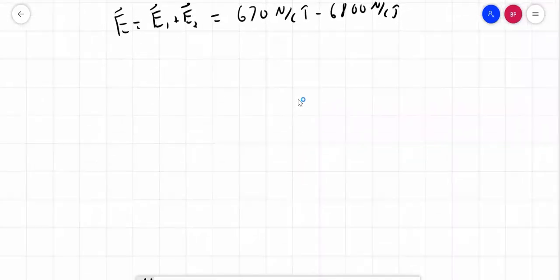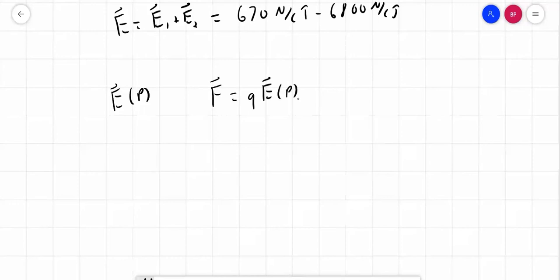Well, if we know the electric field at some point, like we do at P, the force on a charge Q that's placed at that point is Q times the electric field at our point. So in other words, we take our vector up here and we multiply by the charge of an electron. The charge of an electron is negative 1.6 times 10 to the minus 19, which is given in the problem.